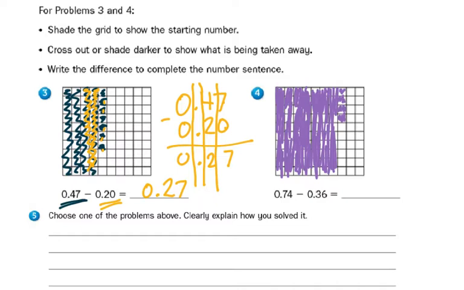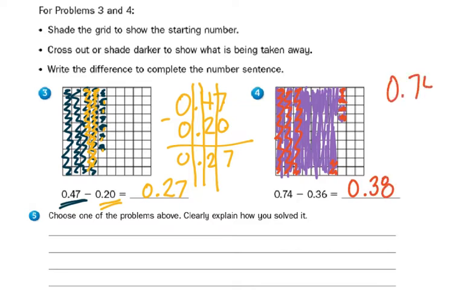Now cross off 36 hundredths. 10, 20, 30, 31, 32, 33, 34, 35, 36. So what is left? If we were to count them, you would have 38 hundredths.